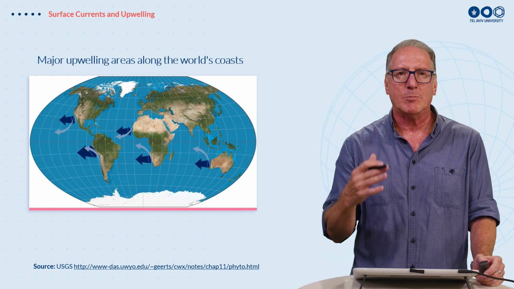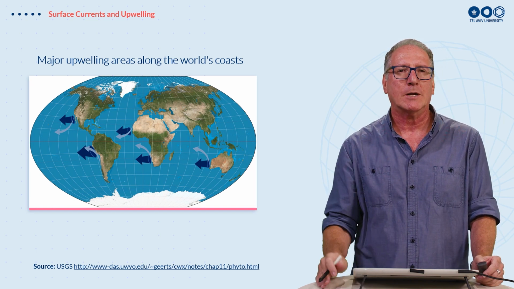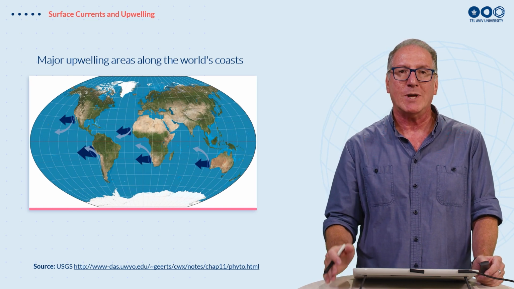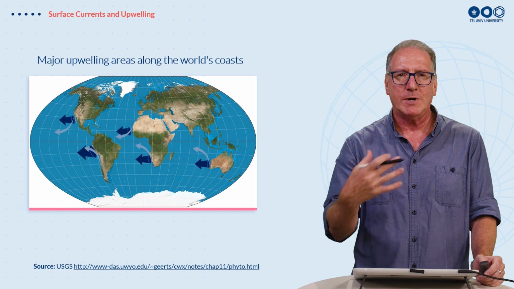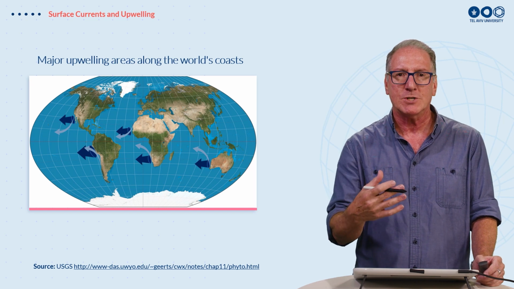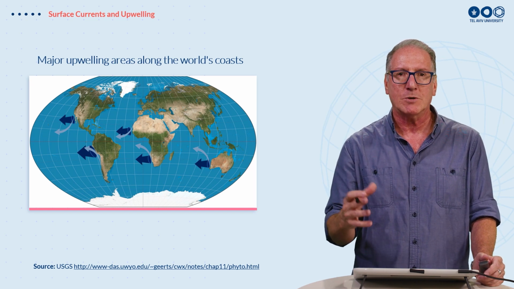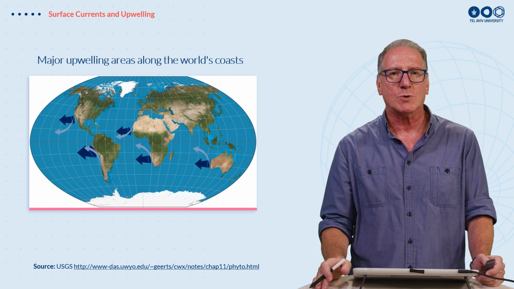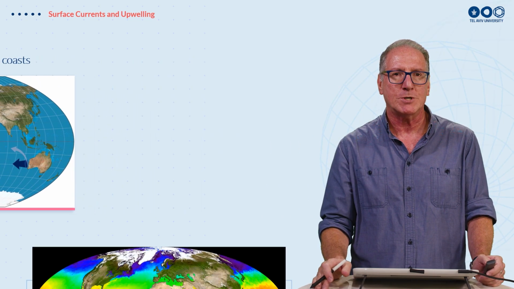So California, Peru, Ecuador, Canary Islands, Namibia, Australia. These are the areas where we have the upwelling in the ocean, very rich in nutrients and lots of fish, and also very cold water, because the water is coming up from the depths. So this fills the surface waters with very cold temperatures.